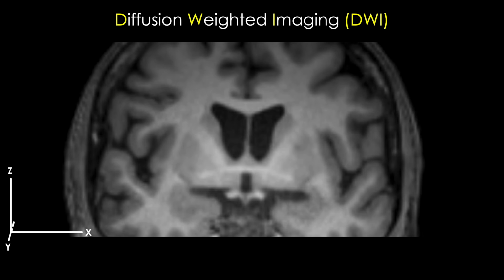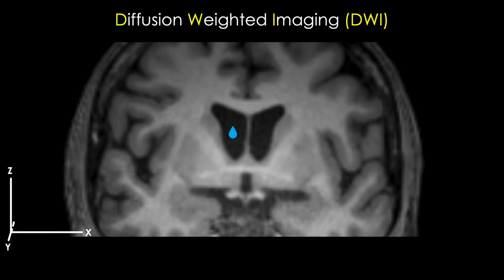Let's just try to visualize what is going on with a drop of water here, within the CSF of the ventricles. What direction or directions do you think this drop of water can move in through any of our means of diffusion? Well, nothing is really restricting it.